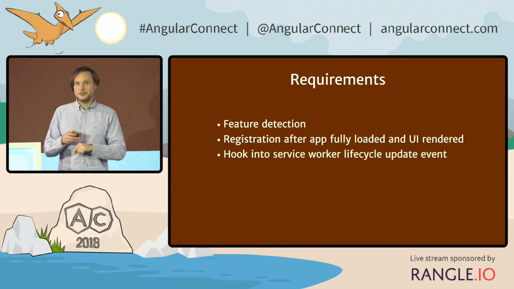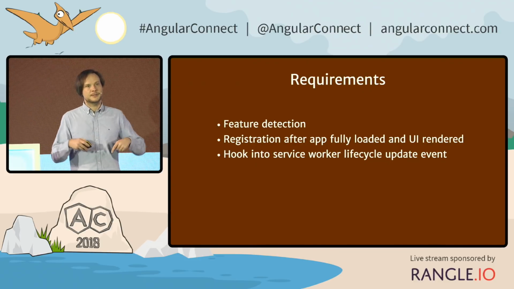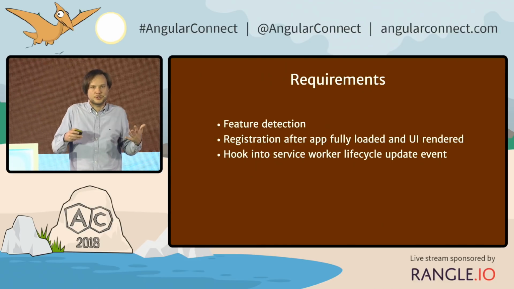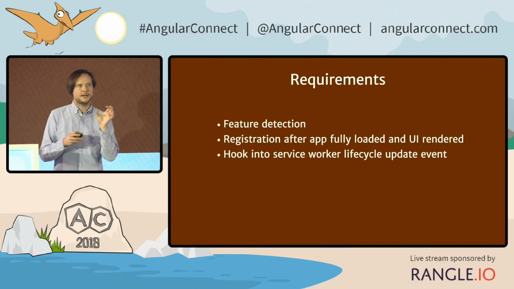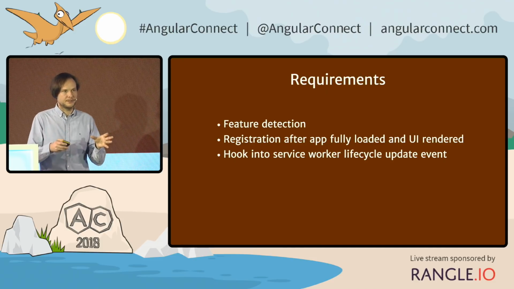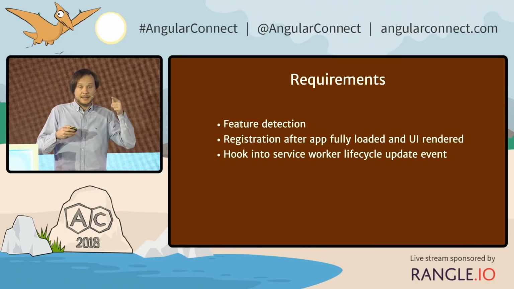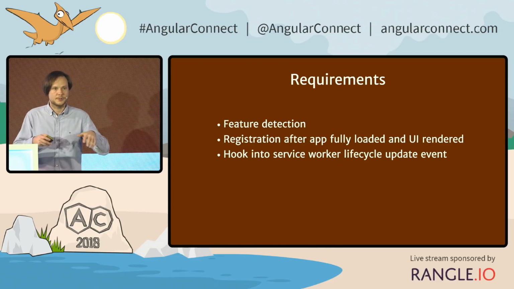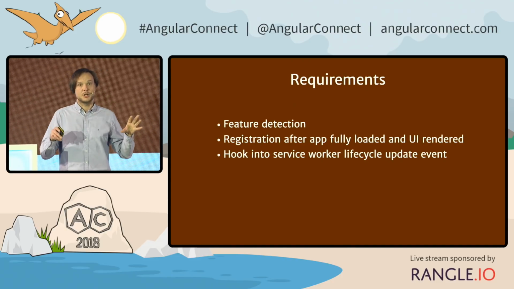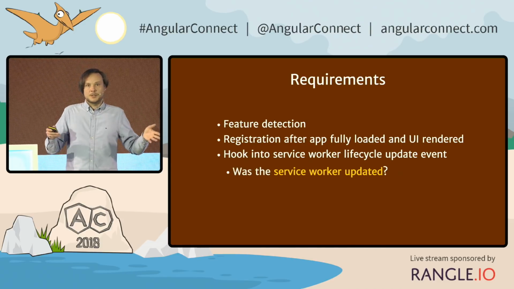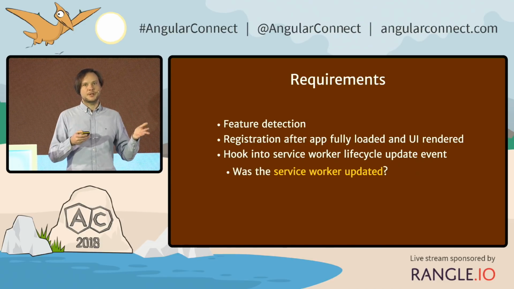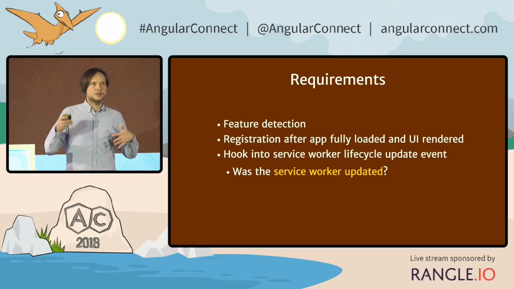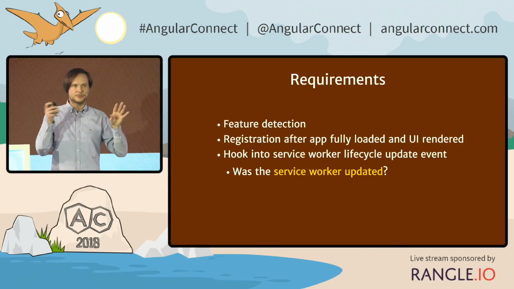And also, at that point, we can hook into the event called service worker update, when the service worker file is different and it can update it. And this is the exact point where we might want to show an application updated message. Why? First, most likely, if the service worker updated, we updated some code inside the service worker itself, right?